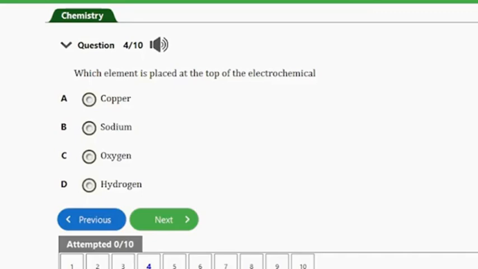So elements at the top of this series are more reactive and have greater tendency to lose electrons and form positive ions. So sodium is the one which is at the top of this electrochemical series. Out of the options we have here, we have copper, sodium, oxygen, hydrogen. So guys, sodium is the answer to this question, and that's option B here.